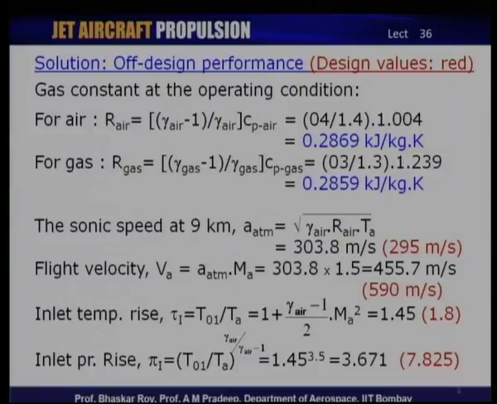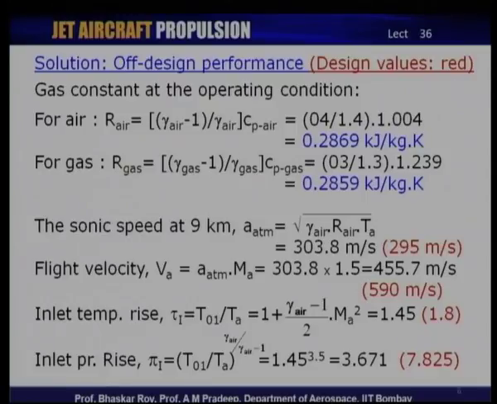Now, if you remember, normally for ambient condition at sea level, the universal value normally used for air is 0.287. So, as we can see here, if the operating condition of the engine is different, you would probably need to calculate the values of R afresh to get a more accurate estimation of your engine performance.